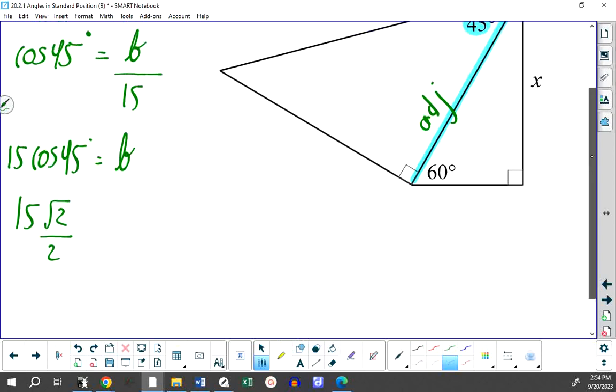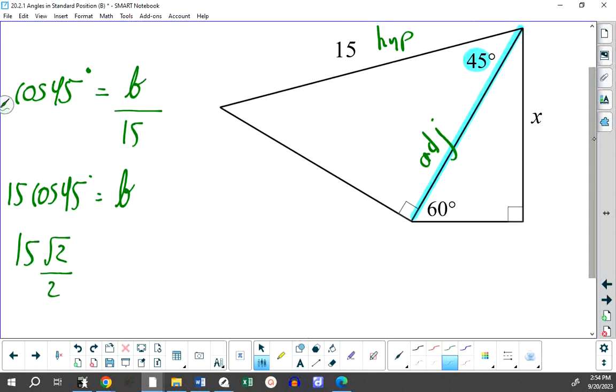When I take a look at this triangle on the right, and I look at the 60 degrees, in terms of the 60 degrees, this is opposite, and this is the hypotenuse now. That number we just found, which was the adjacent side on one triangle, becomes the hypotenuse on the next one.